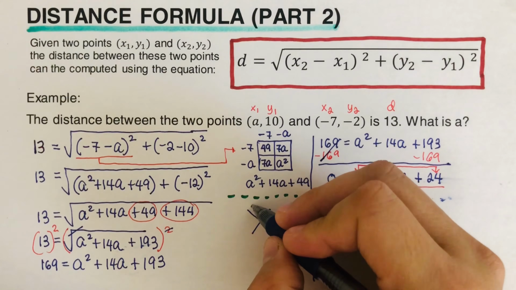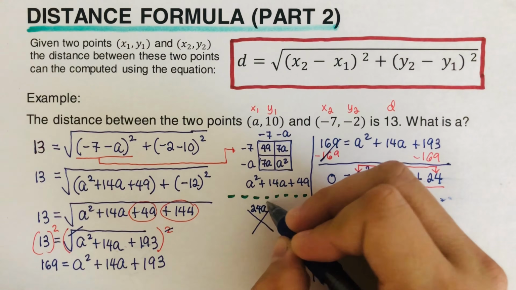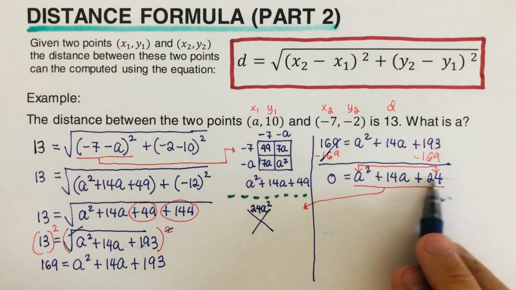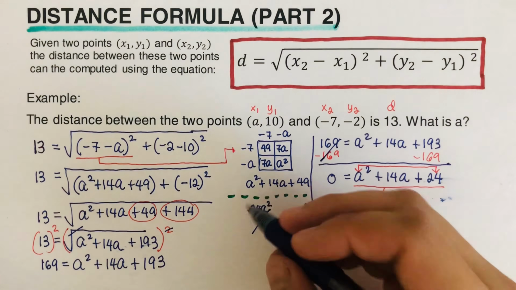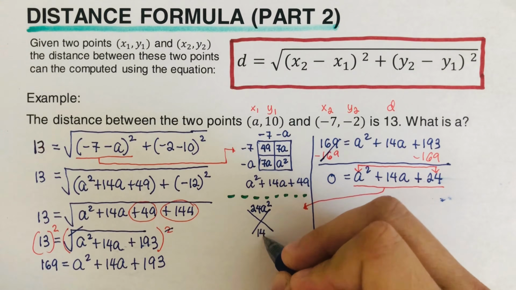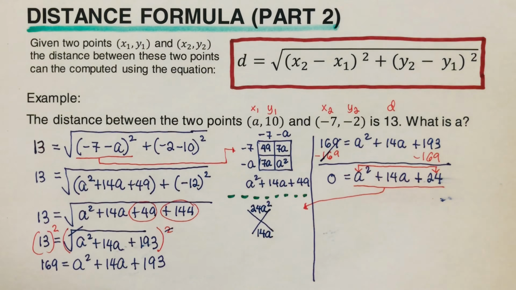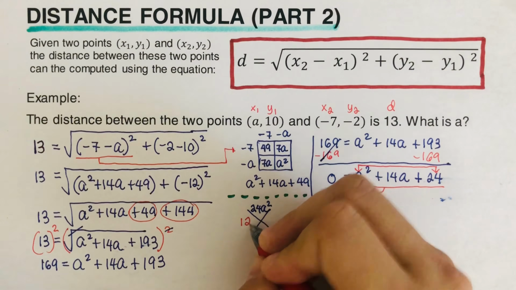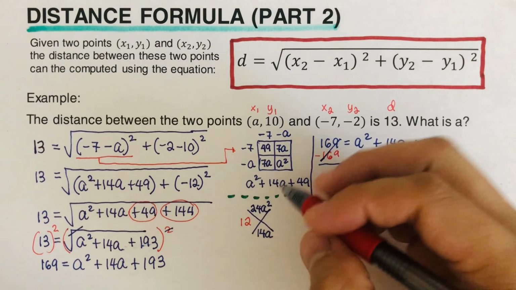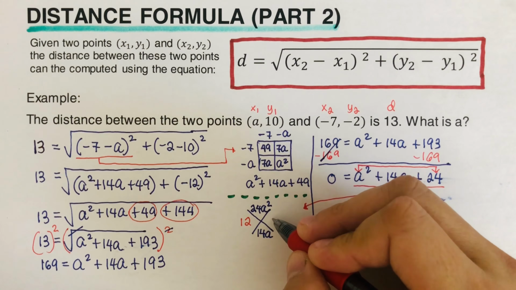That's 24 times a squared, which is 24a squared. And then the middle term will be at the bottom. That's 14a. So we need to figure out what are the factors of 24 such that the sum is 14. So that would be 12, and this is going to be 2 right here.